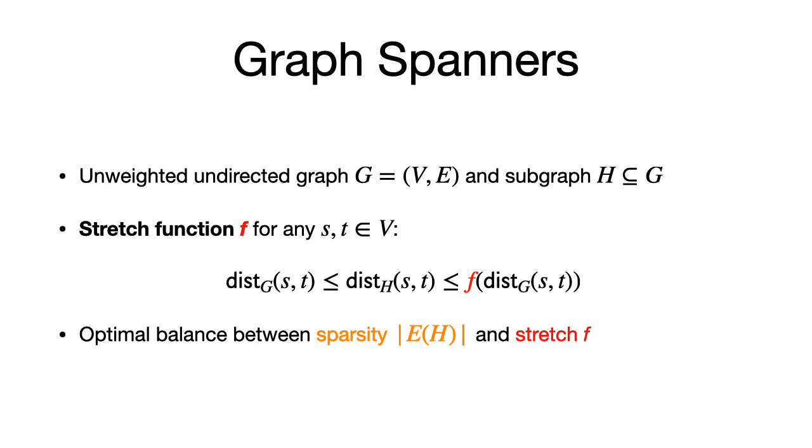We say that this graph H has a stretch function f if the distance between any pair of vertices is at most f of their original distance in graph G. In general, when the sparsity is smaller, the stretch function becomes worse. So our goal is to understand the optimal trade-off between sparsity and stretch.